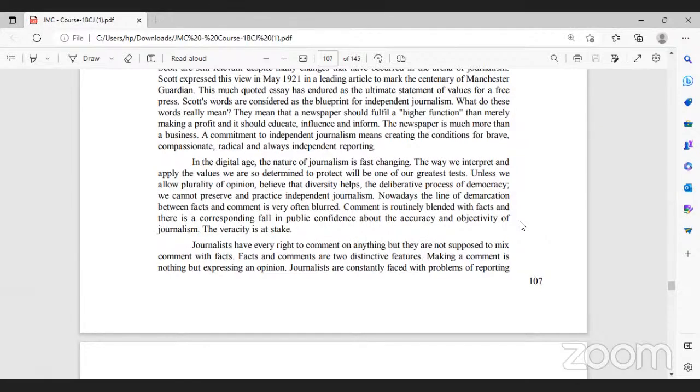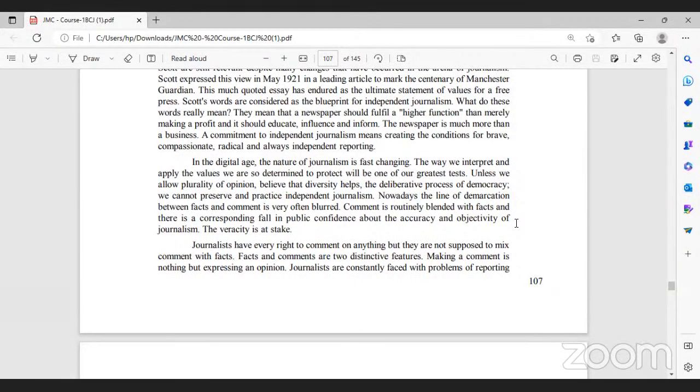Now we have to understand that the line of demarcation between facts and comments is very often blurred. Comment is routinely blended with facts, and there is a corresponding fall. Earlier, when anybody commented, we used to go for fact checking, but now the comment is being blended with some XYZ fact, and there is a corresponding fall in public confidence about the accuracy and objectivity of journalism.